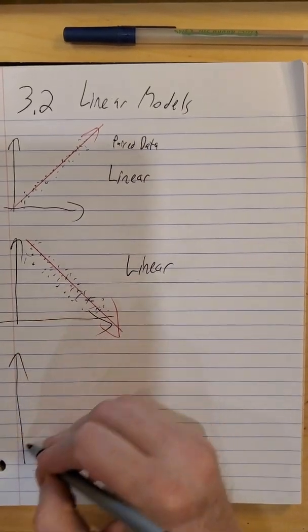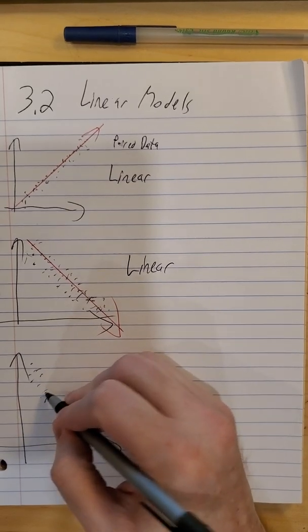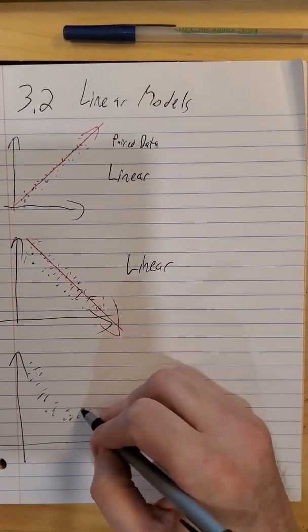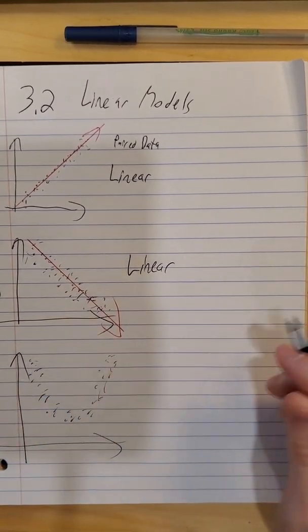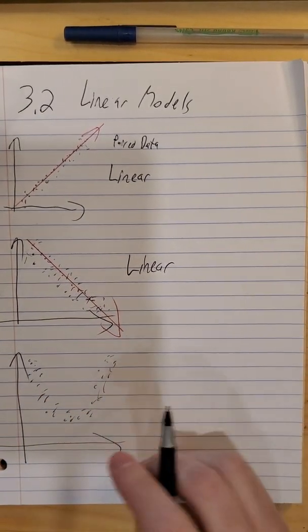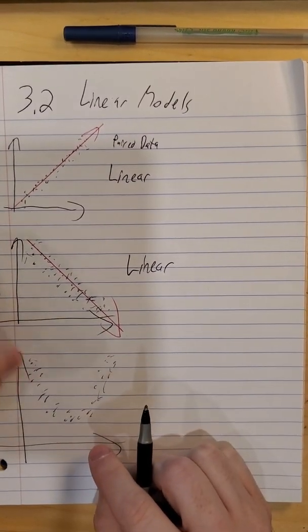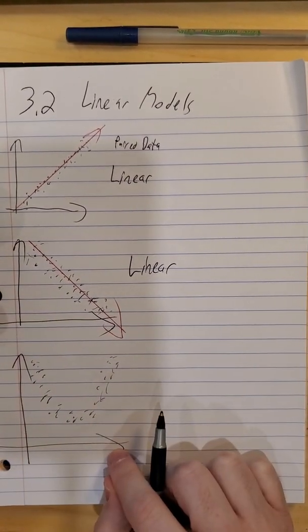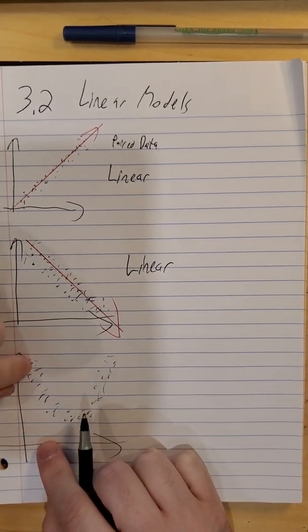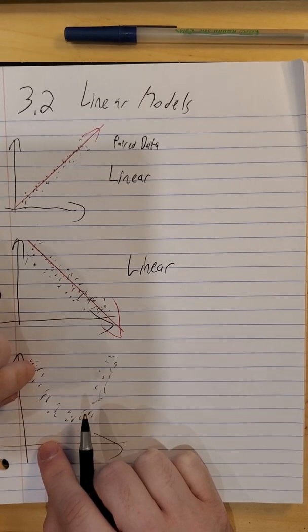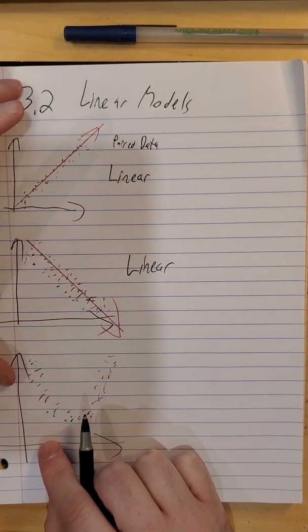As opposed to that, if we see something along these lines where it looks almost like a parabola, this would be a common one for fuel consumption on the vertical and speed on the horizontal. Lower speeds are using more fuel just because you're not traveling as far as quickly.